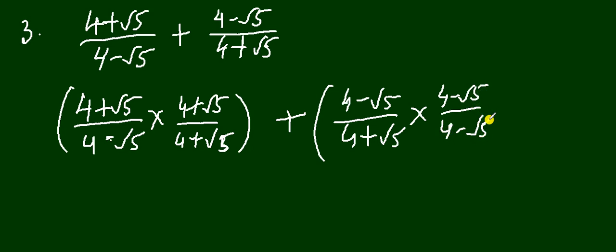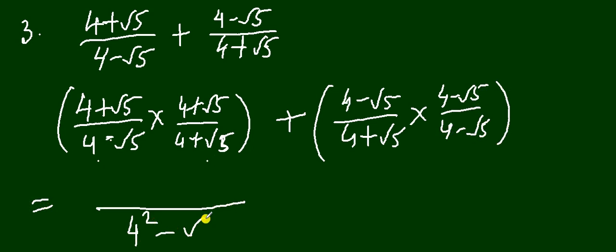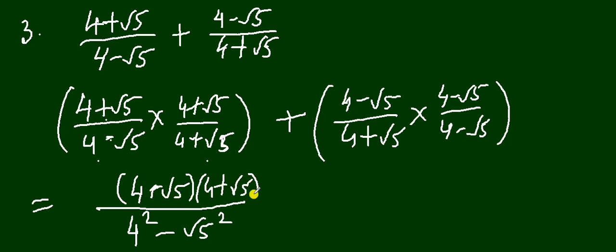Okay, then I try to simplify here. I'm using the identity here, so it will be 4 square minus root 5 square. And if you see, the numerator is nothing but 4 plus root 5 times 4 plus root 5.